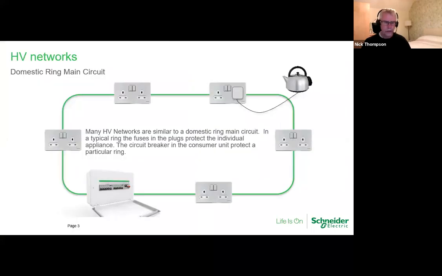When we start to look at networks, everybody gets a little bit scared about the term high voltage. In fact, distributing high voltage is no different to distributing LV. In LV, you've got a right myriad of different types of connections, different devices, etc. This is a typical UK domestic or even a commercial office ring.